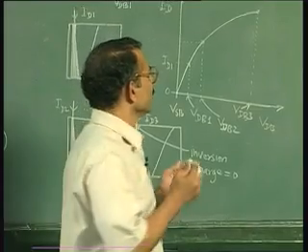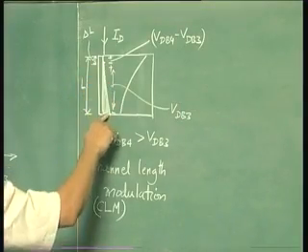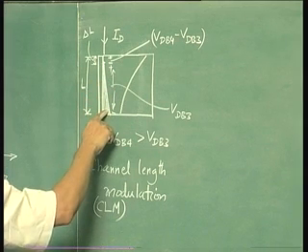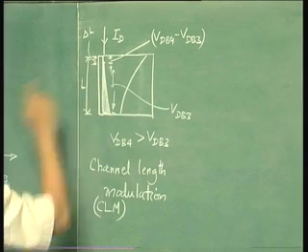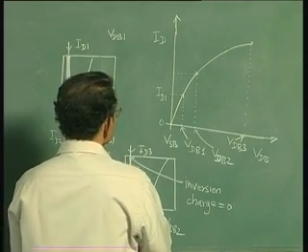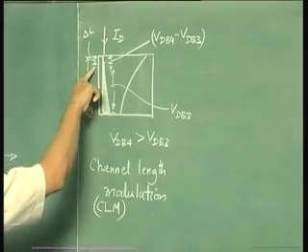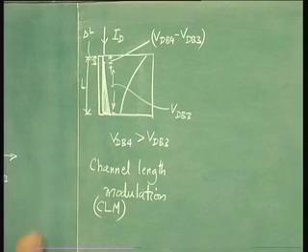In fact, there is a very small increase in current because the resistance here is a little less than the resistance there, simply because the length there is L, whereas the length here is L minus delta L, right.